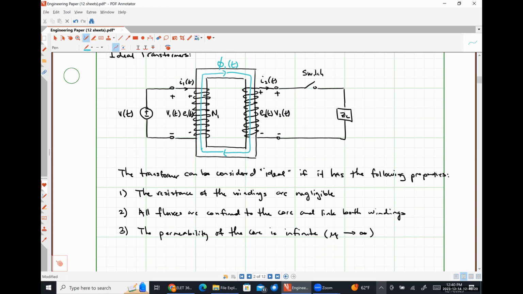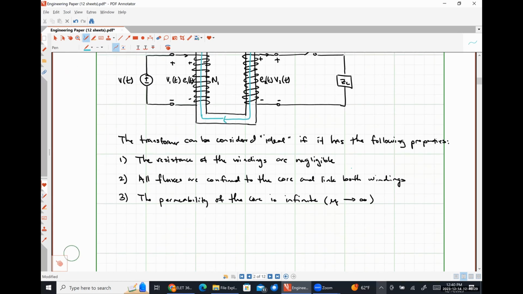Because we have a time varying flux passing through our coils, a voltage E1 will be induced in the primary winding such that E1 of t is equal to N1 times the derivative of flux 1 with respect to time. And because we have an ideal transformer, we can say that this is equal to V1 of t.